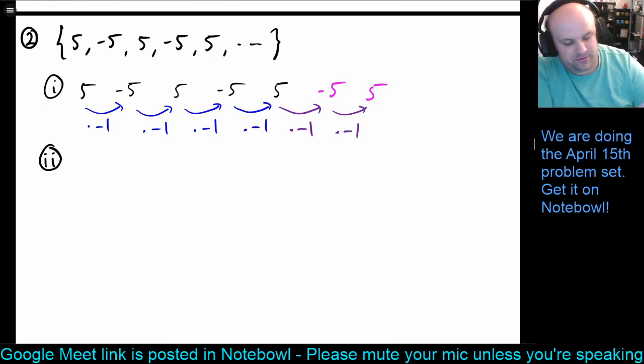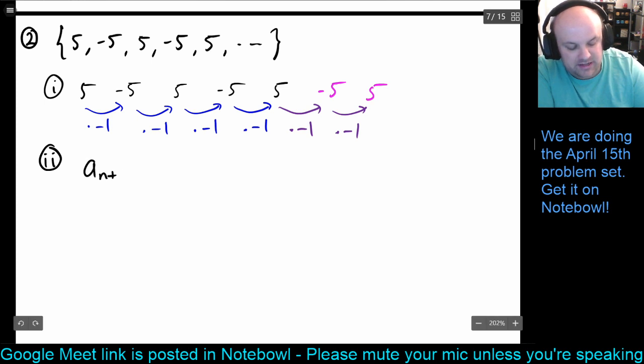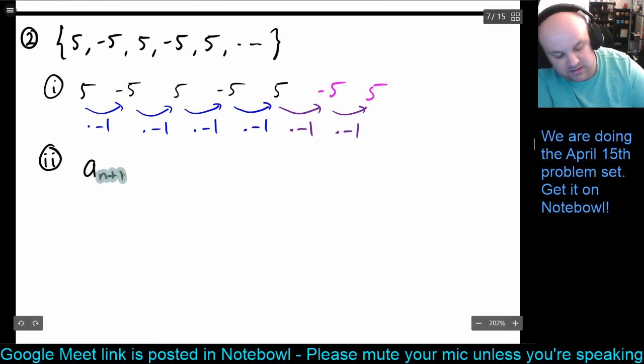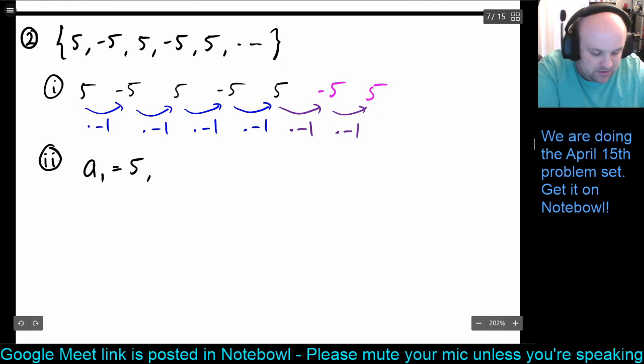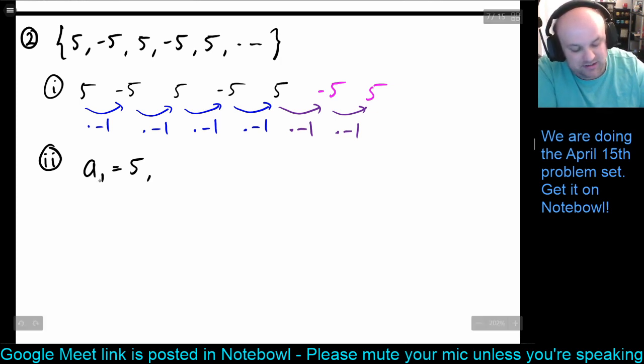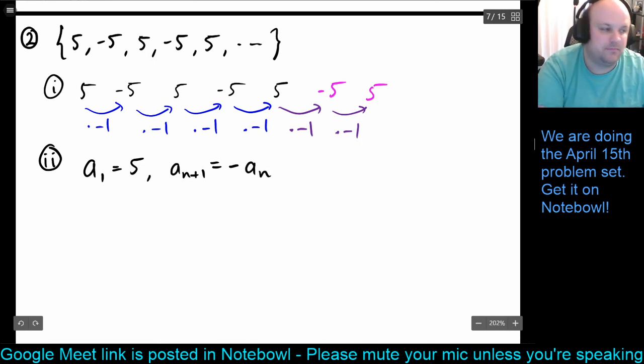So this one here, what we're just doing each time is we get the next term. Sorry. The order we write this in isn't that important, but probably a good idea to be consistent here. So we'll write the seed value, the starting point, a_1 is 5, and then a_(n+1) is always just the negative of the previous term, right?